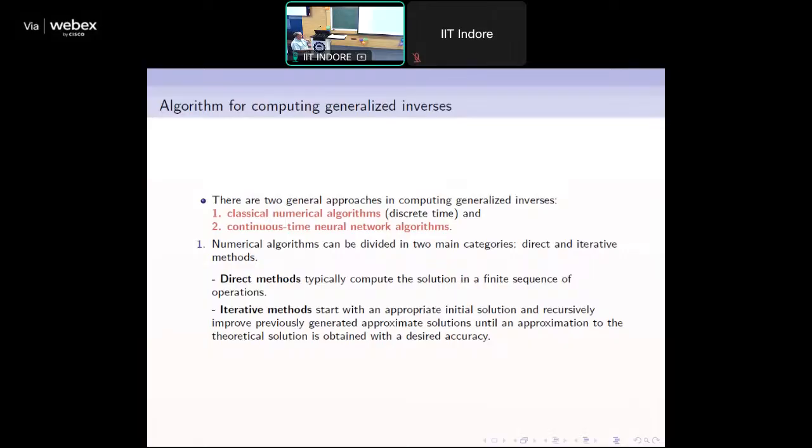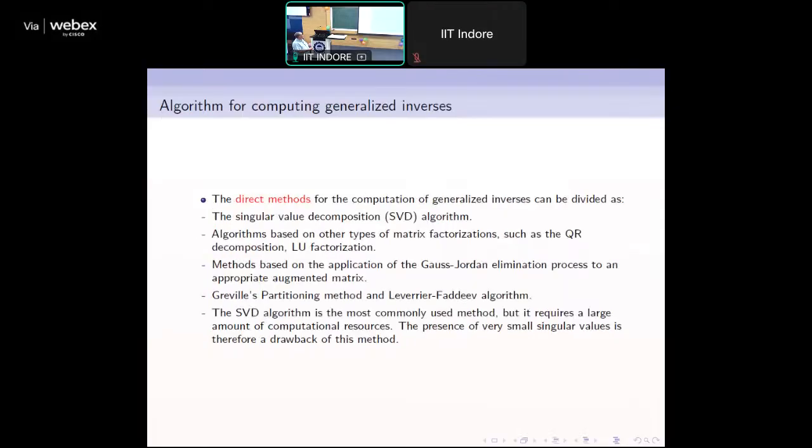We will stop with the solution obtained with the desired accuracy.